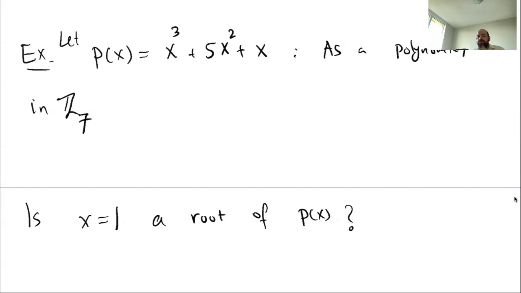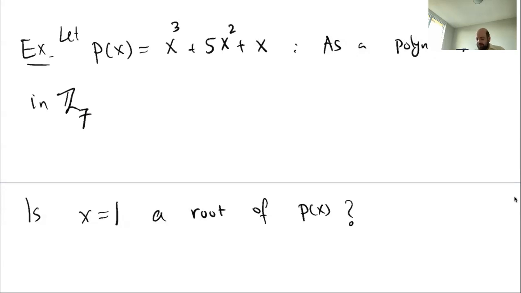But right now I am looking at P of x as a polynomial in Z7. So my universe is now Z7. Everything is mod 7. So if I want to know whether 1 is a root of P of x as a polynomial in Z7, I have to look at P of 1 again.